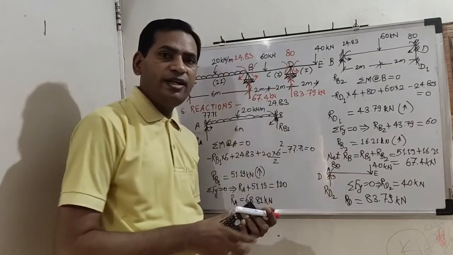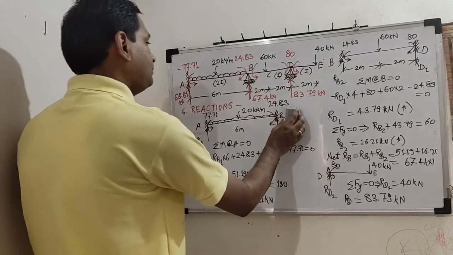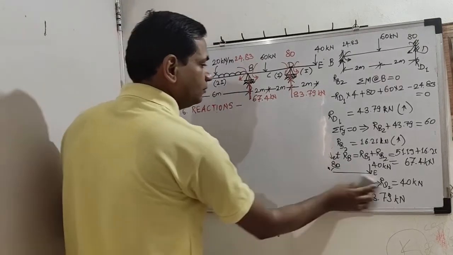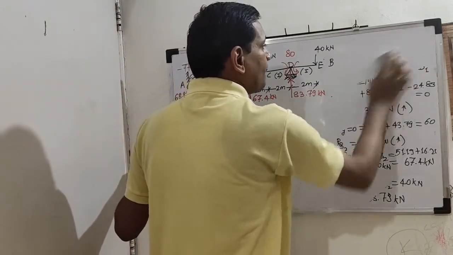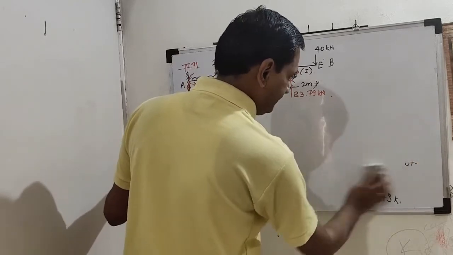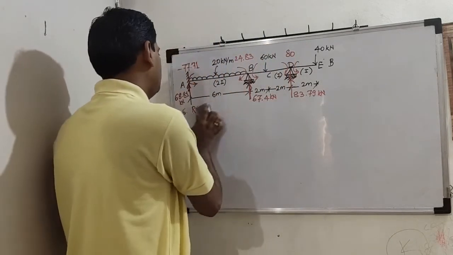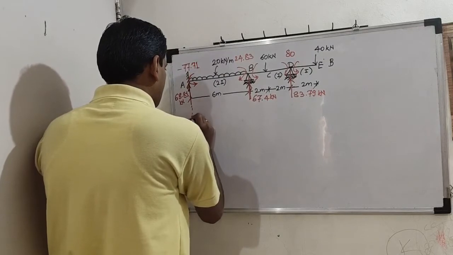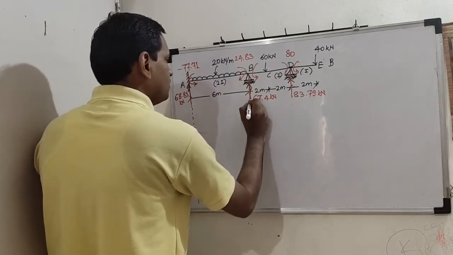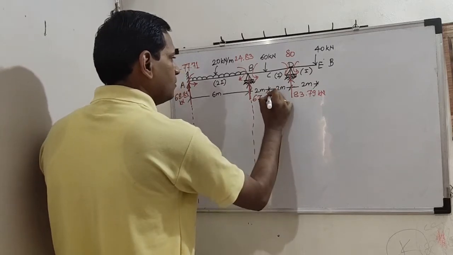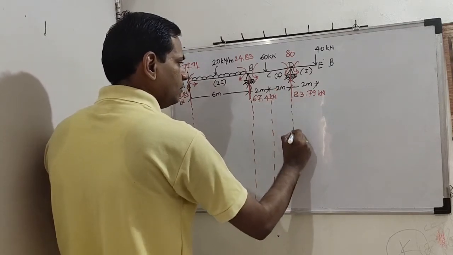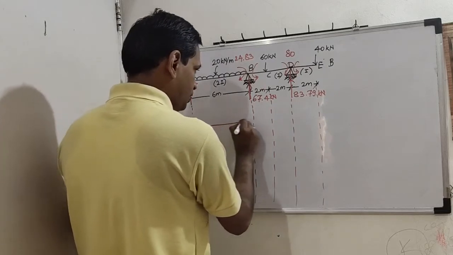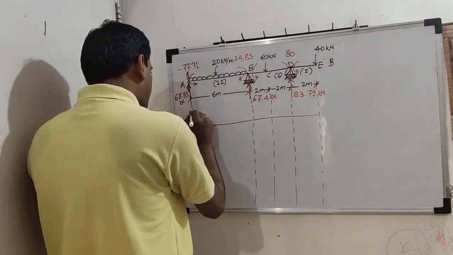Now we will draw the shear force diagram. So let us draw now the shear force diagram. 68.81 is the ordinate here.